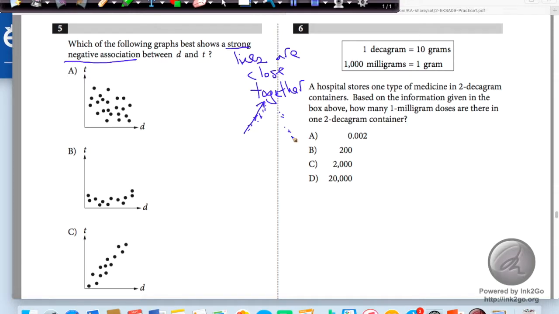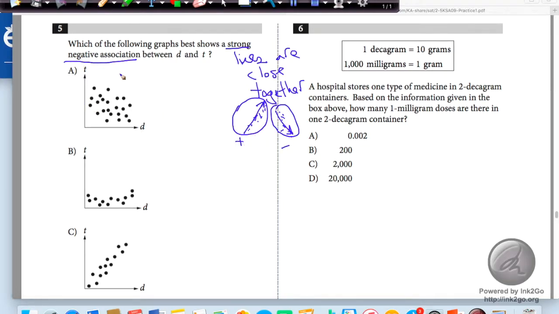And this could be up or down. If this is a strong positive association, this is what the line would look like. But if it's a strong negative, then this is what the graph would look like overall. So this would be positive, and this would be a negative association.